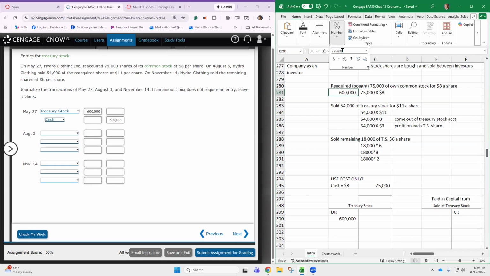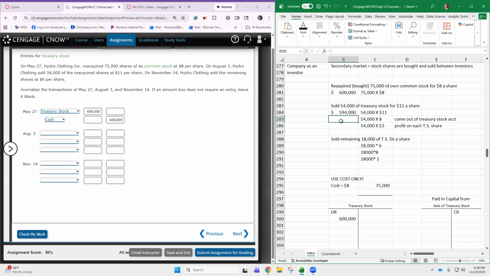So you have to do the math there. Let's take 54,000 times 11. That is the cash that came in, the cash that we sold them for.